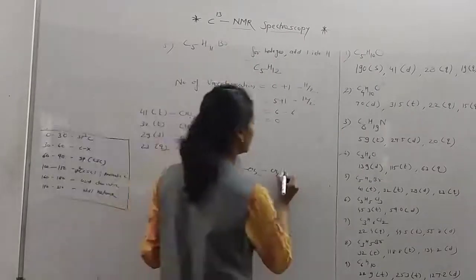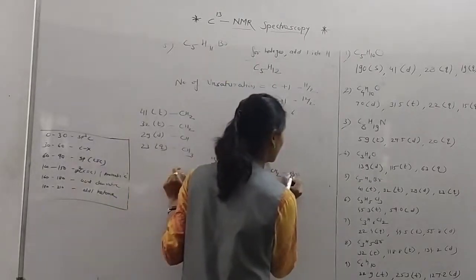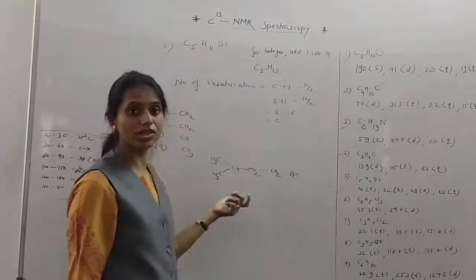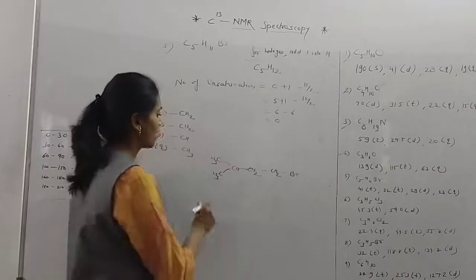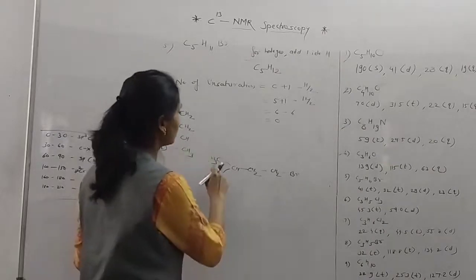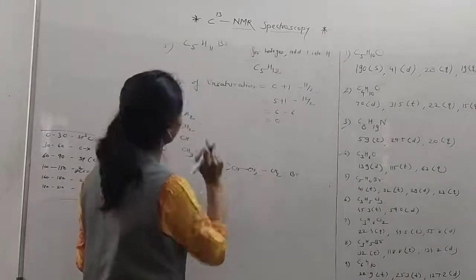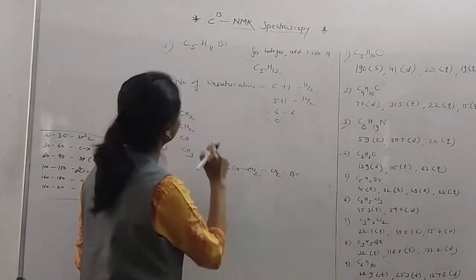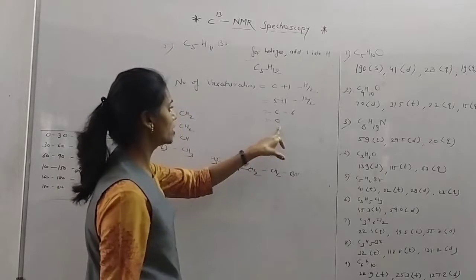So I have written this halogen here. Now check whether your structure is correct or not. Count the carbon atoms 1, 2, 3, 4, 5. 5 carbon. Hydrogen 3, 3, 6, 7, 8, 9, 10, 11. And bromine. Number of unsaturation 0.